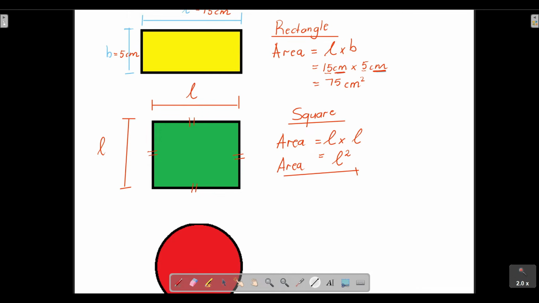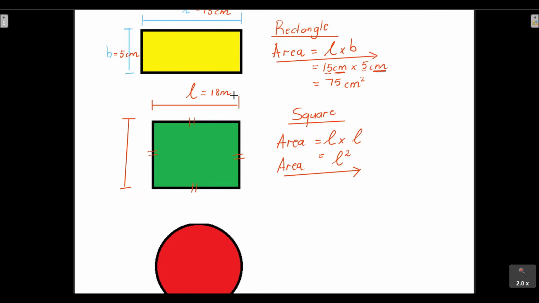The formula that we use to calculate the area of a rectangle is length times breadth. From there, let's apply this. Let's say we are given the length, and we are told that the length of this square is equal to 18 meters.